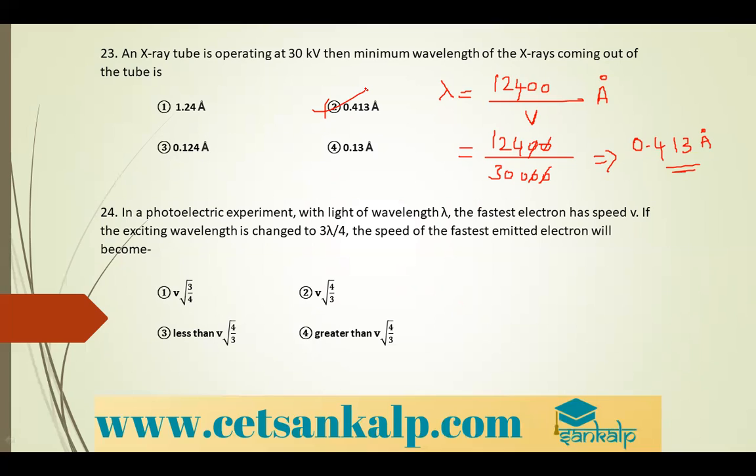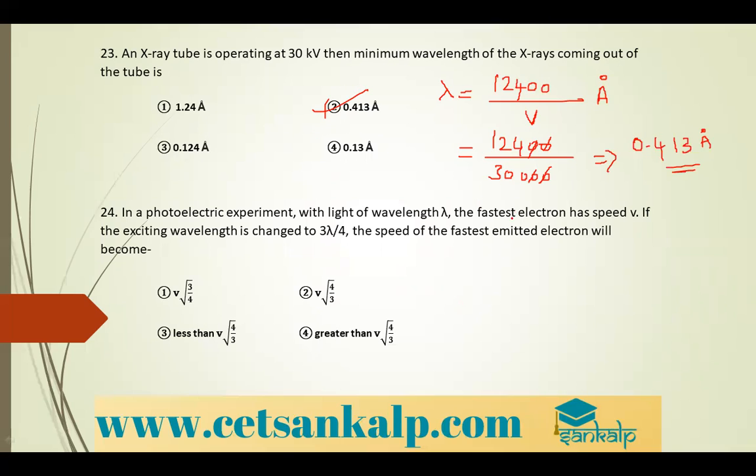In a photoelectric experiment with light of wavelength lambda, the fastest electron has speed v. If the existing wavelength is changed to 3 lambda by 4, the speed of the fastest emitted electron will become, they have asked.